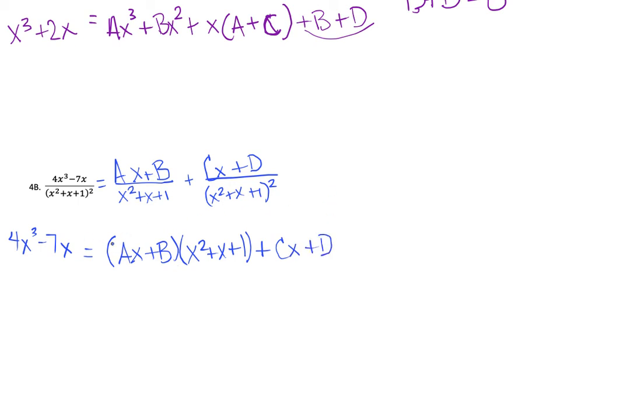I need to distribute this, which looks like a pain. So ax cubed plus ax squared plus ax plus bx squared plus bx plus b plus cx plus d. Good gosh, this is way neater on paper.